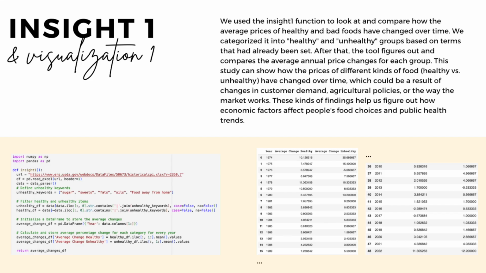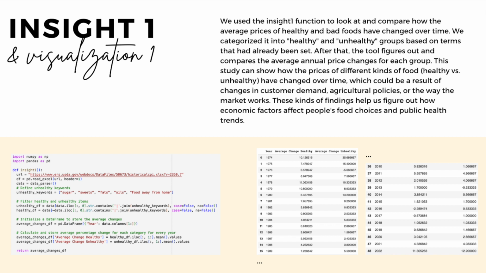For Insight 1, we took our data from the historical CPI Excel sheet from the USDA and categorized our foods based on whether they were unhealthy or healthy.